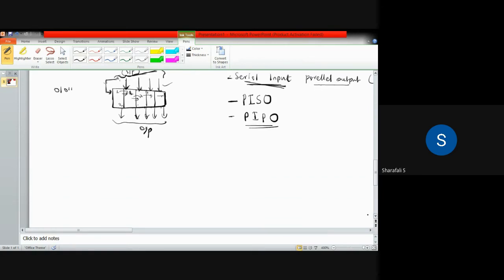Another classification is based on the application. Depending on application, there are many other classifications also. We can classify these registers into two: one is shift registers, and the second is storage registers.